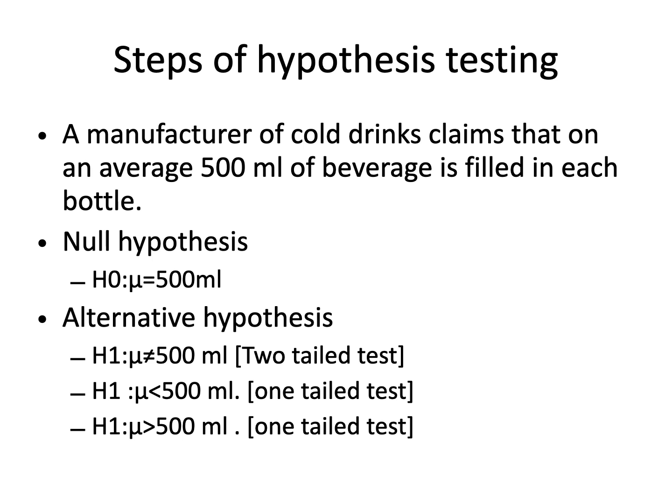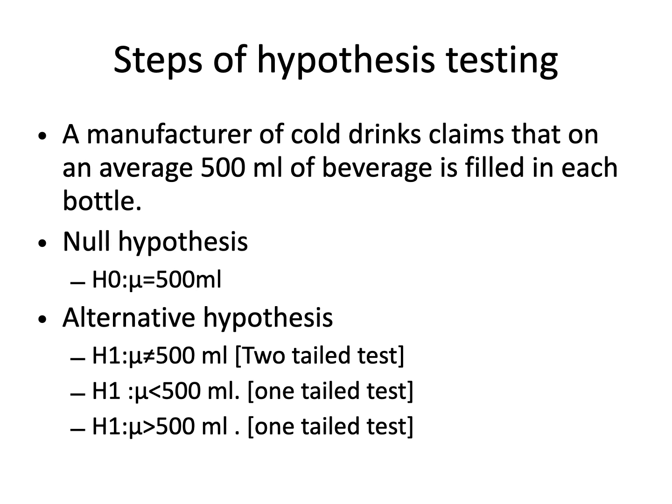Our null hypothesis is that on average, each bottle contains 500 ml of the cold drink, that is H naught: mean is equal to 500 ml. We have made an assumption about the population parameter, and we move on assuming it's true.